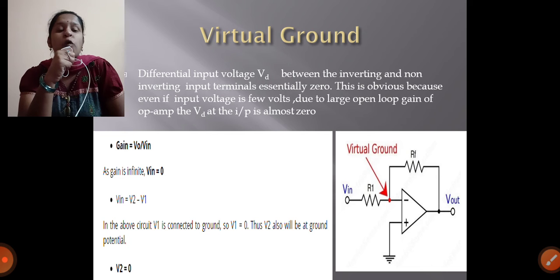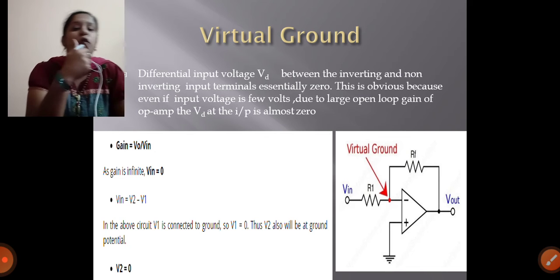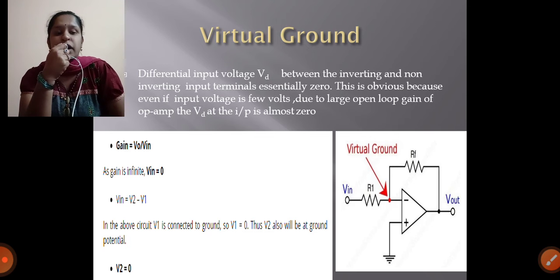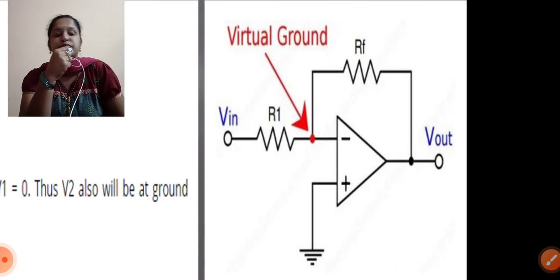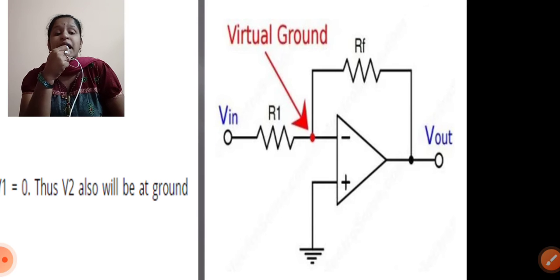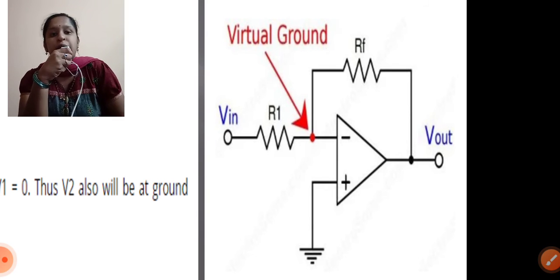Next one is virtual ground. Virtual ground means what? This is the circuit of the virtual ground. There is no indication of ground, but the voltage at that terminal is zero.